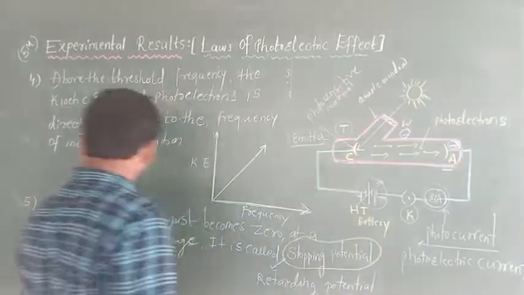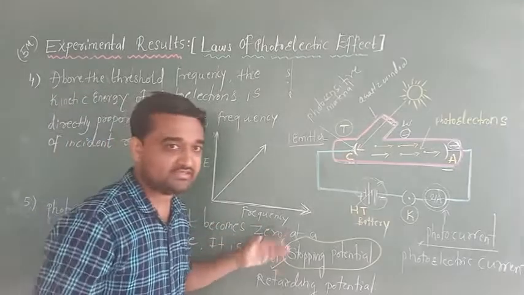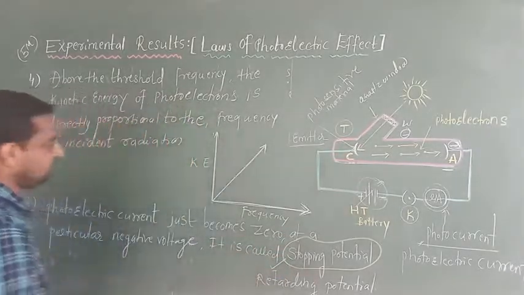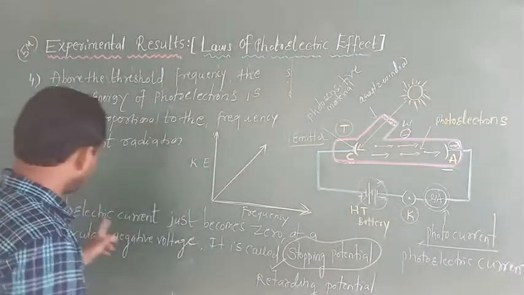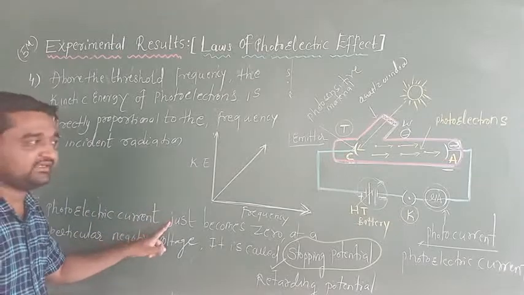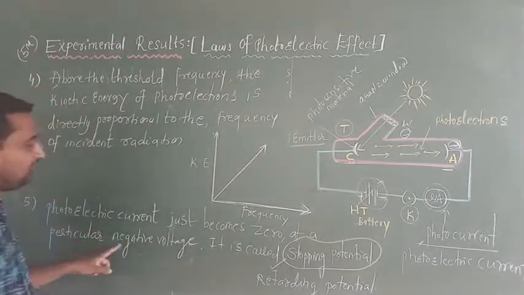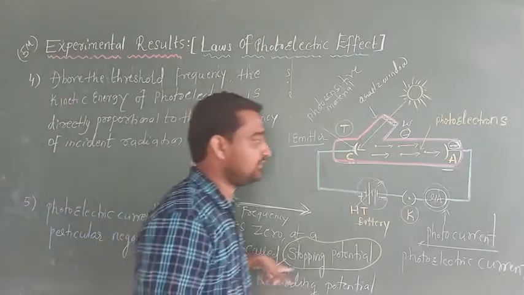The photoelectric current just becomes zero. The current keeps decreasing as we increase the negative potential, and at a certain minimum potential it becomes zero. The photoelectric current becomes zero at a particular negative voltage. That negative voltage is called as what?